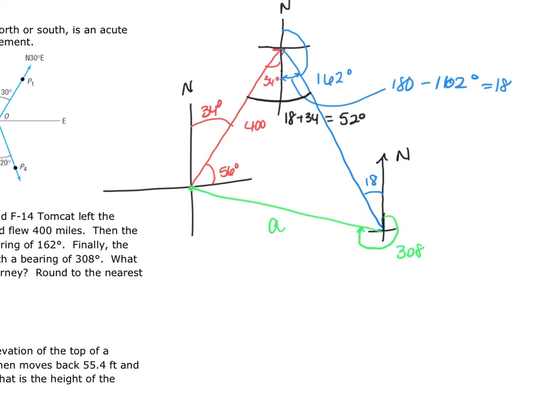So this angle from the 308 back to the north is going to be 360 minus 308, which is 52 degrees. That is not the angle I want yet.